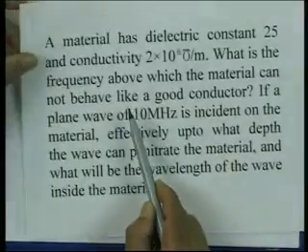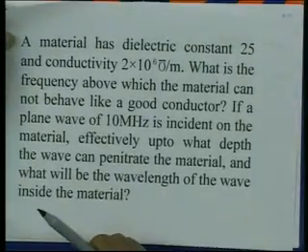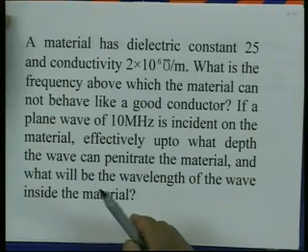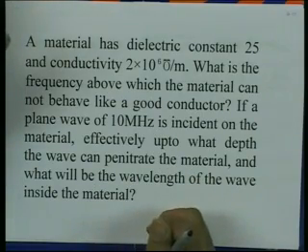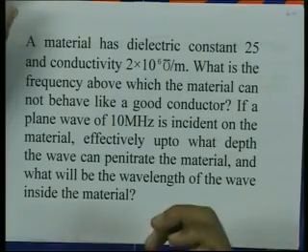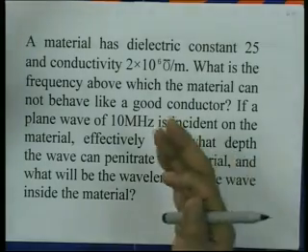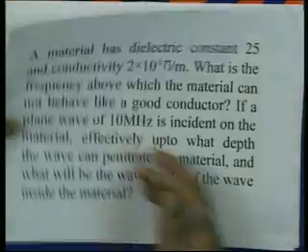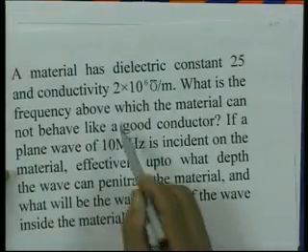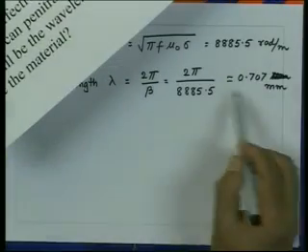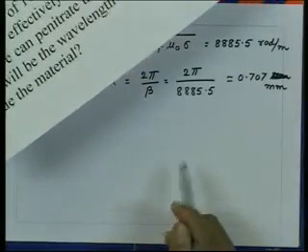Note, when the same 10 megahertz wave goes into free space, the wavelength is 30 meters. So, in free space this wave has a wavelength of 30 meters, whereas when it goes into a highly conducting material like this, its wavelength reduces to as small as 0.7 millimeter.